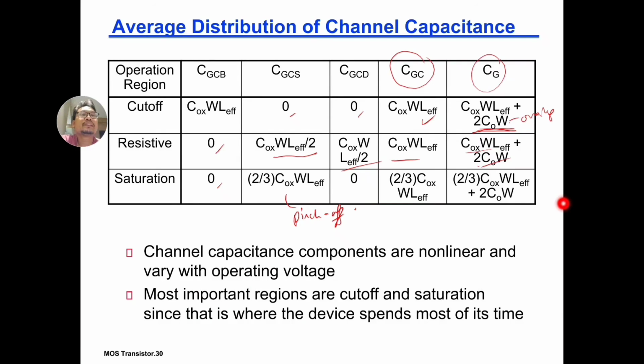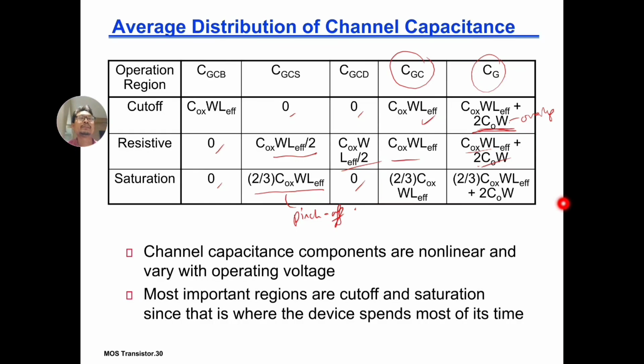Because of the pinch-off, you have more capacitance on the source side, since you have the pinch-off on the drain side. It can be calculated to 2/3 of the whole capacitance without the overlap, and the gate to channel for the drain can be estimated to 0.